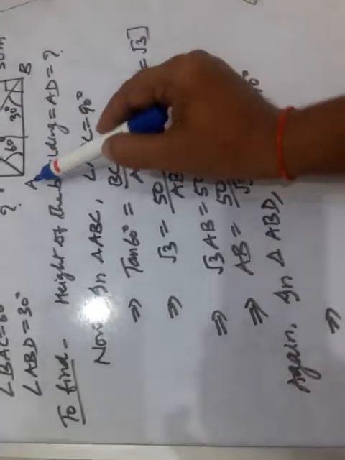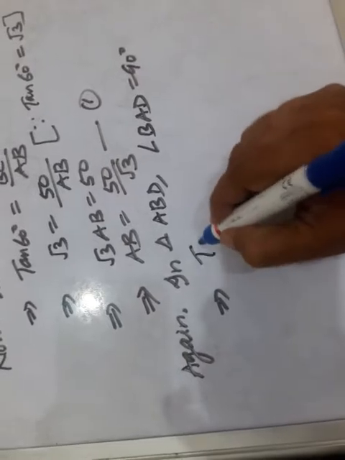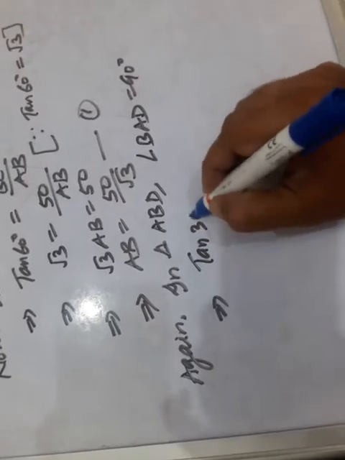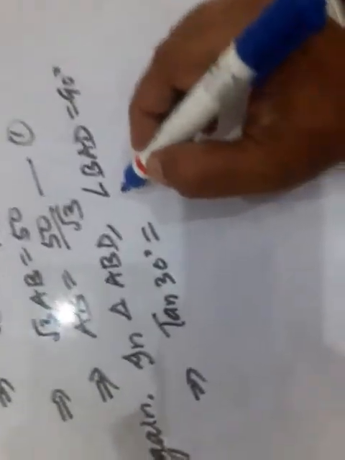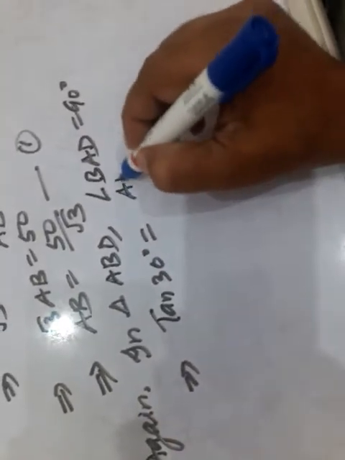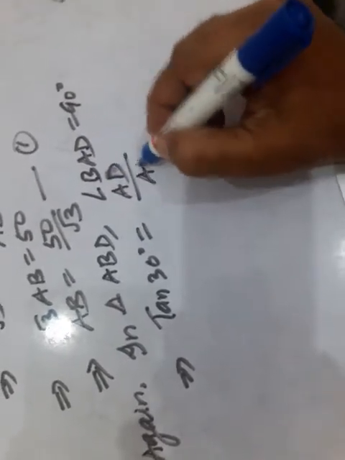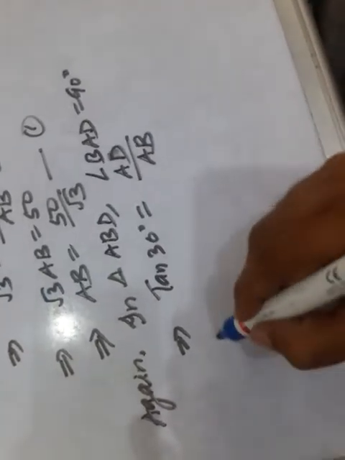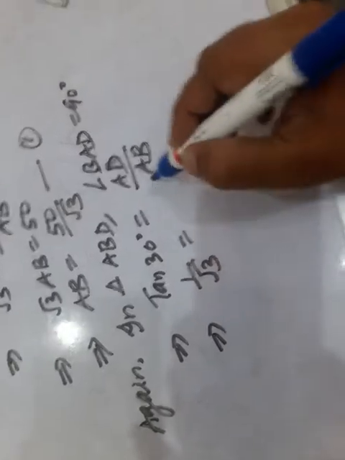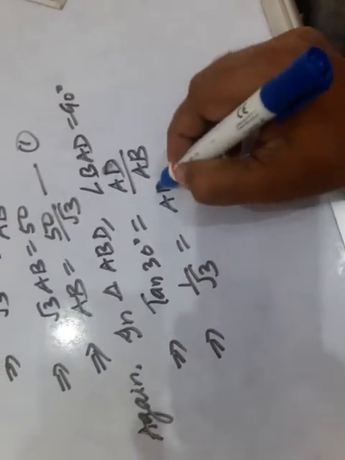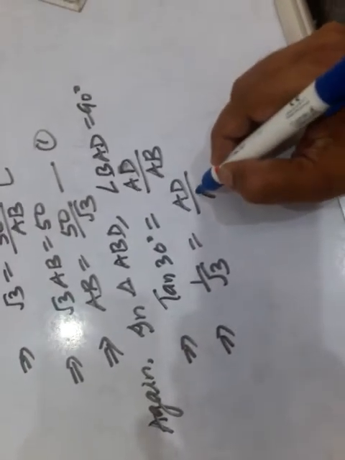So tan 30 degrees equal to what? Tan 30 degrees equal to AD upon, that is perpendicular upon base, AD upon AB. Right, children? This implies that tan 30 equal to 1 upon root 3 equal to AD upon AB.